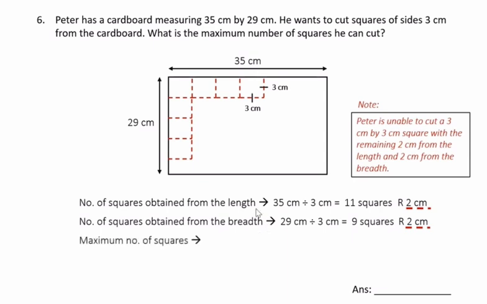So the maximum number of squares, it would be 11 times 9. Your answer will be 99 squares. Okay, not 11 plus 9. Left to right, 11. Top to bottom, 9. So 11 times 9. Because over here, you still can cut out some more. Use up every single part of the paper as much as you can.